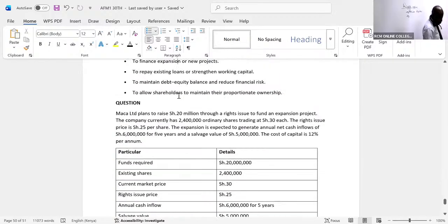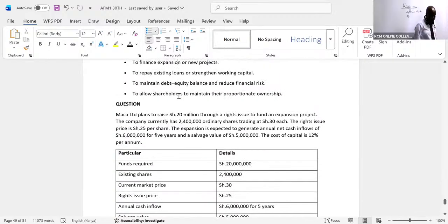If you go to page number 49, Marker Limited, you can just listen and I'll highlight everything. We want to raise 20 million through a rights issue to fund an expansion project. The company currently has 2.4 million ordinary shares trading at shillings 30 each.